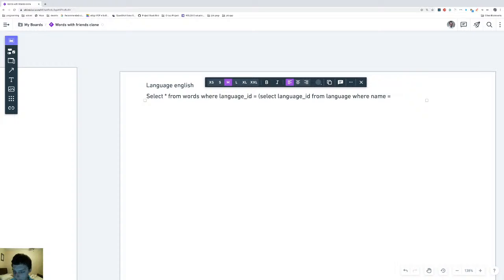Or we could just say their language, or if we're using prepared statements, put $1 argument. But we're just gonna say user length placeholder, because we're saying language, so we're gonna say where name is English.